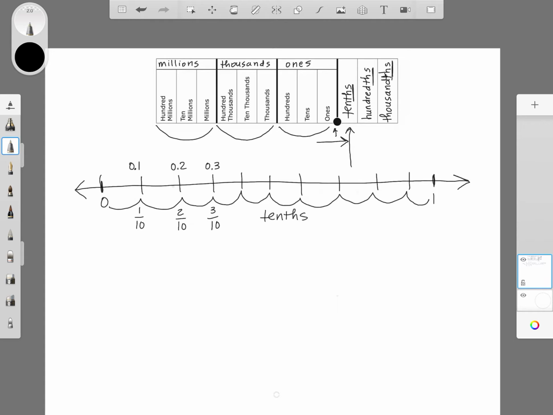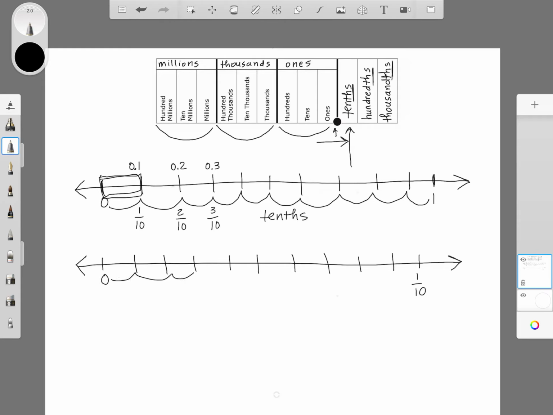Now, if we take one of these tenths right here and expand it, we're going to start with 0, and over here is 1/10. And in between the 0 and the 1/10, we're going to divide that into 10 equally spaced groups.